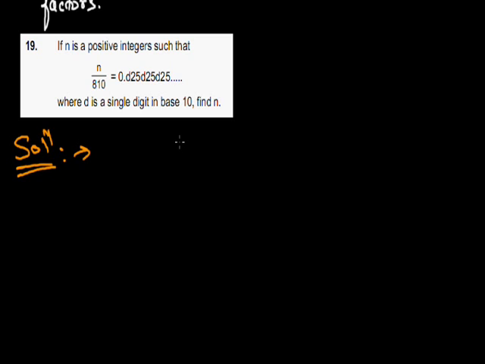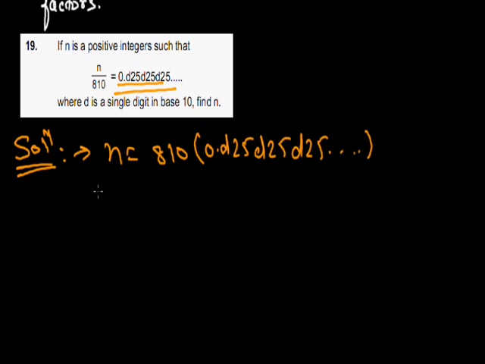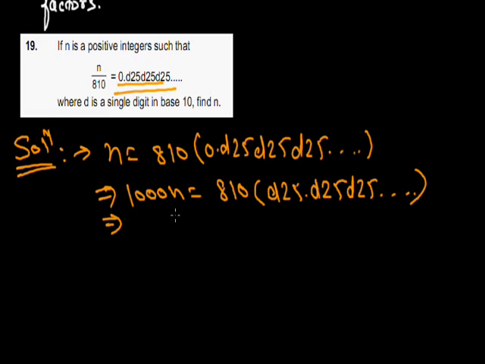Now, as n/810 is equal to this number, by cross multiplication we can say that n is equal to 810 times 0.d25d25d25... From here we have that 1000n is equal to 810 times d25.d25d25, and so on. By subtracting both the equations, we have 999n is equal to 810 times d25.